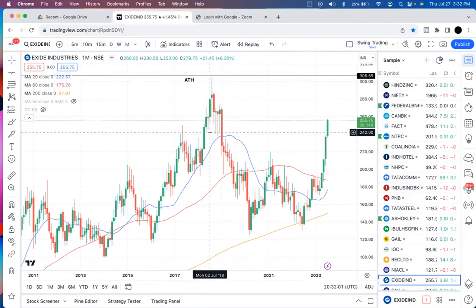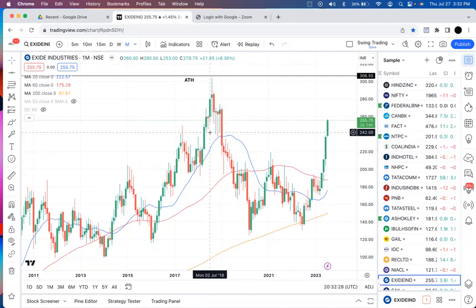Now, please note that this method, these moving averages and these candlesticks and the charts that I'm showing you work in all different markets, whether you're in India, the United States, England, Canada, whichever country you are, whichever market you're trading in, it will work there.